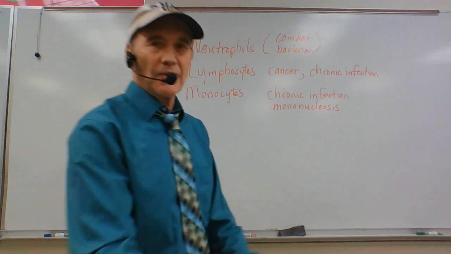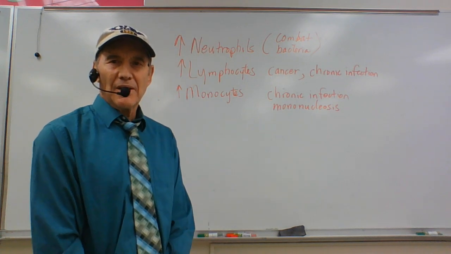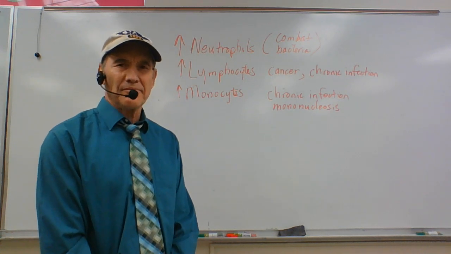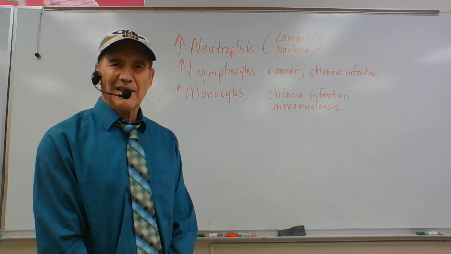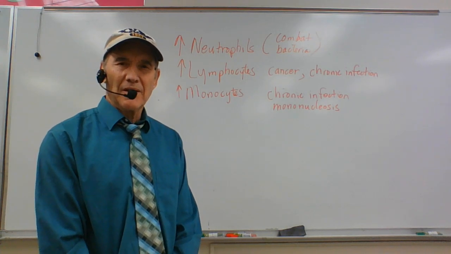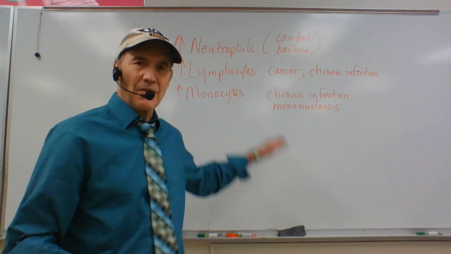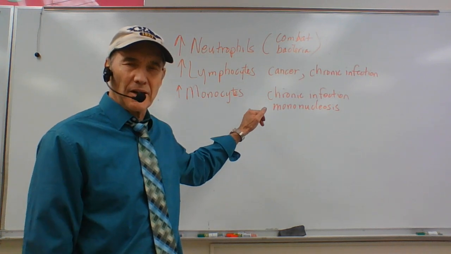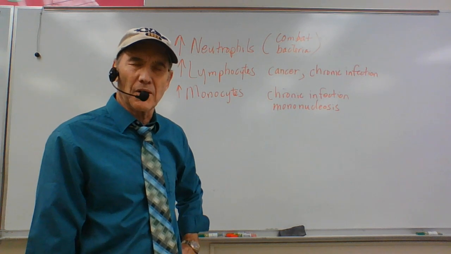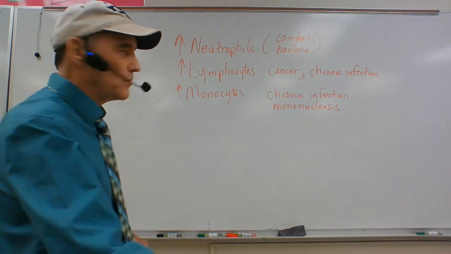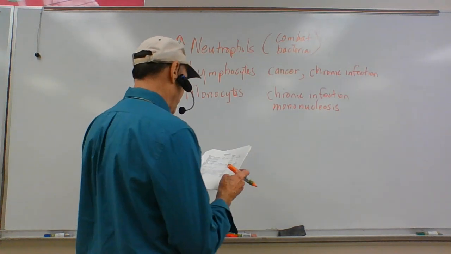So you got this person with a fever and a sore throat and the sweats and the body aches and all those flu symptoms. But they have this elevated monocyte count, and you look at them, they're these weird monocytes. Mononucleosis, it's a virus.